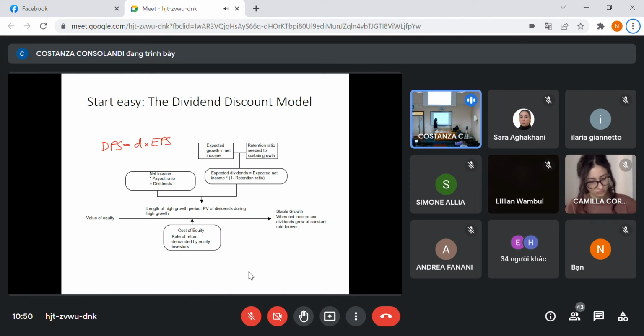Okay, so you won the lottery, you decided to invest in 1,000 shares of TripAdvisor, and the DPS of TripAdvisor for 2021 will be $2 per share.